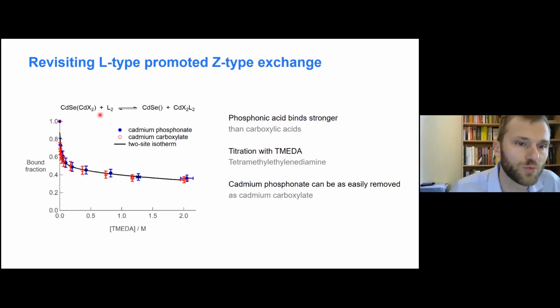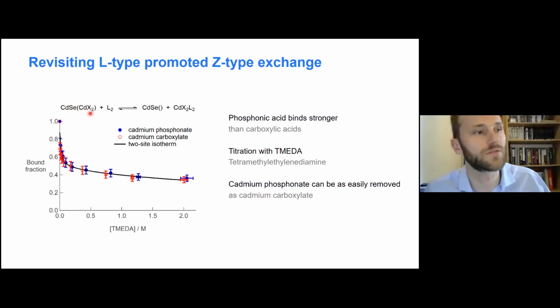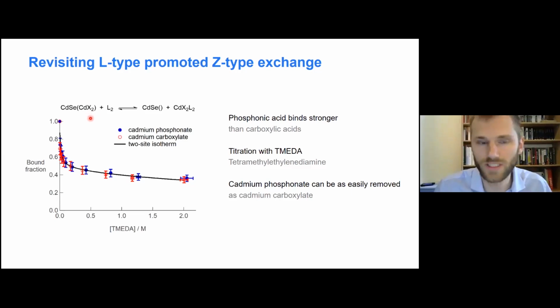Because what you're probing in this experiment is not really the affinity between the nanocrystal and the Z-type ligand. It's more the affinity with the L-type ligand. Because look at this. Let's say you have a much stronger Lewis acid, this cadmium X2.